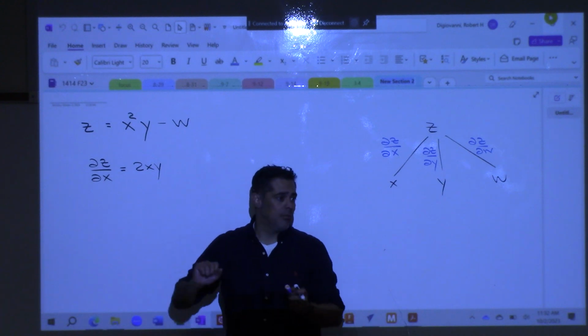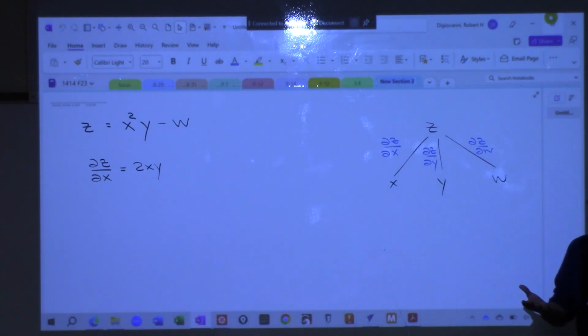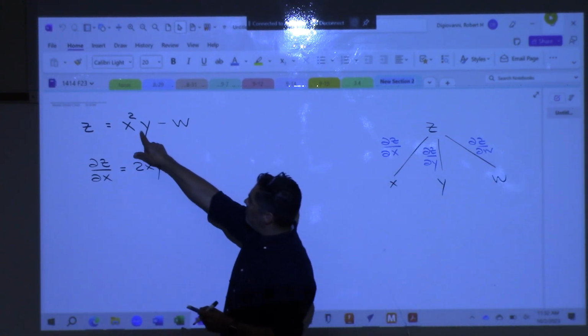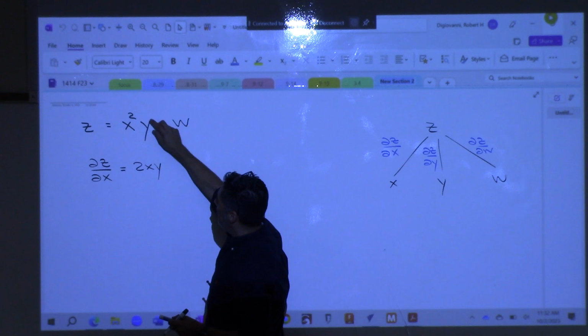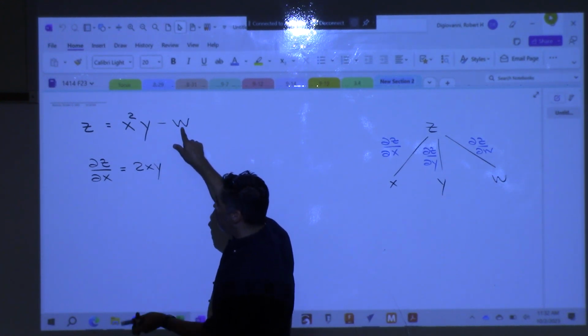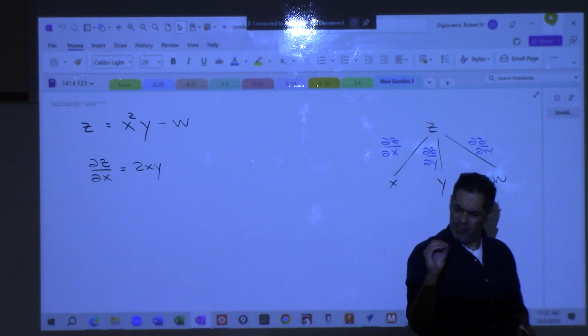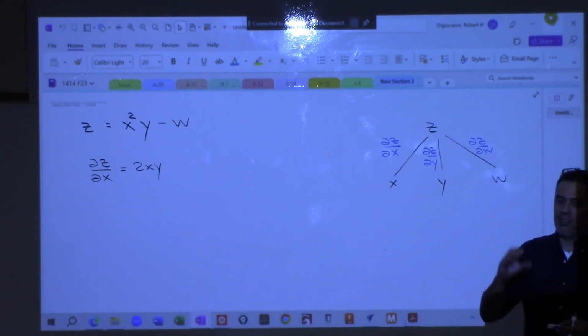Y and w. Y and w are both held constant. The only thing you're treating like a variable is x, all right? So the derivative of this, you're holding y to be constant. Y comes for the ride. Derivative of x squared is 2x. Minus derivative of w with respect to x, sorry, w is a constant. Derivative of that is 0.